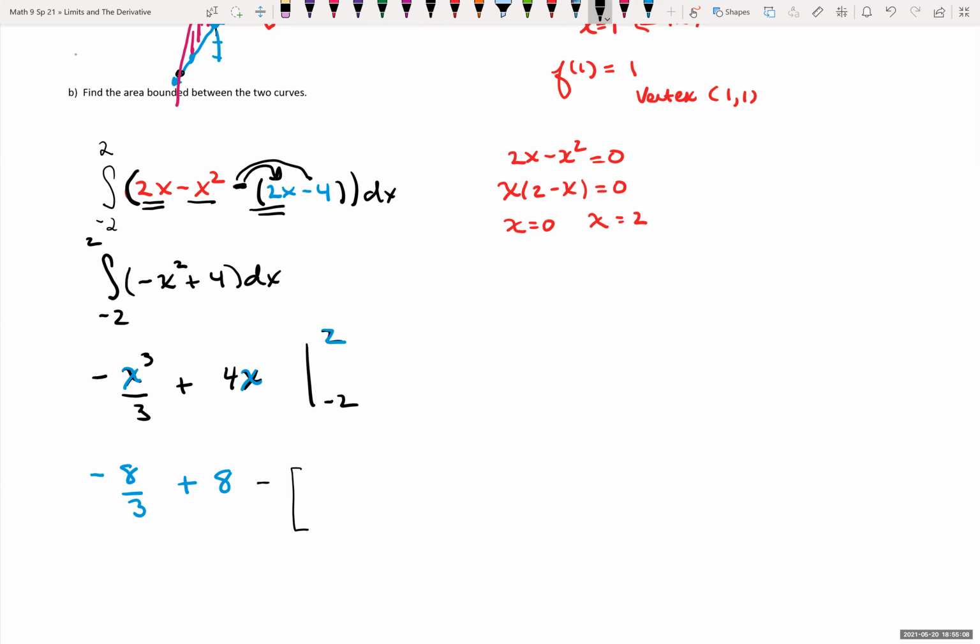Minus, so -2, which cubed is -8 all over 3, plus 4 times -2, which is -8. So you have -8 thirds plus 8 plus 8 thirds. And this is a negative and a negative, so plus 8. So notice our -8 thirds and positive 8 thirds cancel, and then we are left with 8 plus 8, which is 16.